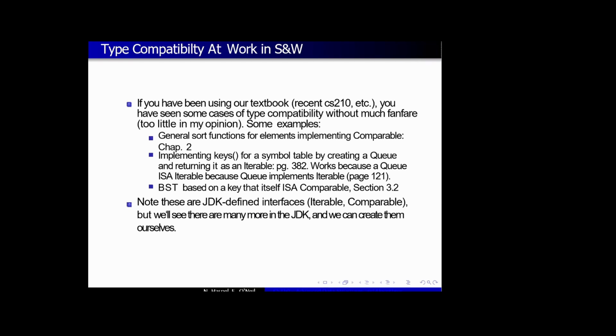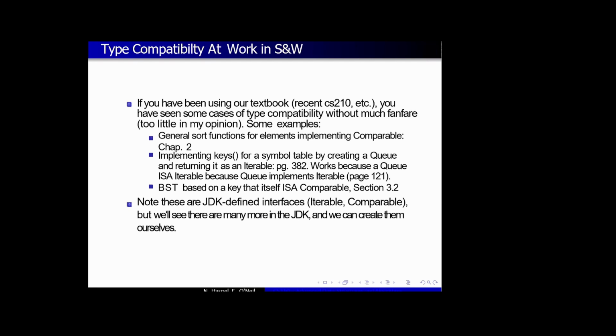The example they have there is a date object. It's not the same thing as a JDK date, but a date object that represents a date, and it is Comparable and therefore can be sorted. So you take an array of dates and sort them with any of those sort methods in chapter 2.